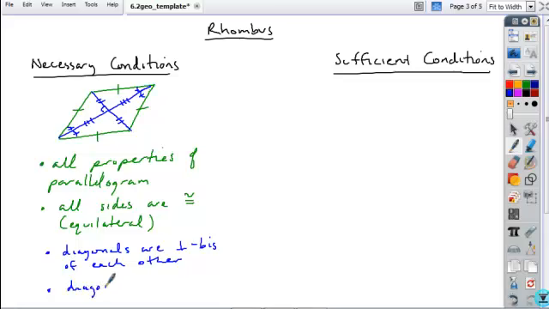So not only are the diagonals perpendicular bisectors of each other, they're also bisectors of the opposite angles. So these two angles will be the same. These two opposite angles are being bisected, so all four of those angles created will also be the same.